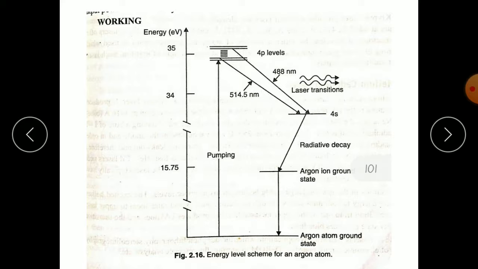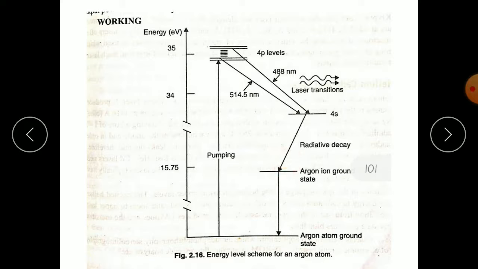The third is radiative transitions from the higher state. The lifetime of this energy level is about 10 to the power minus 8 second, while this level is about 10 raised to the power minus 9 seconds, meaning about 1 nanosecond. So this is a metastable state, while this is the argon ion state.